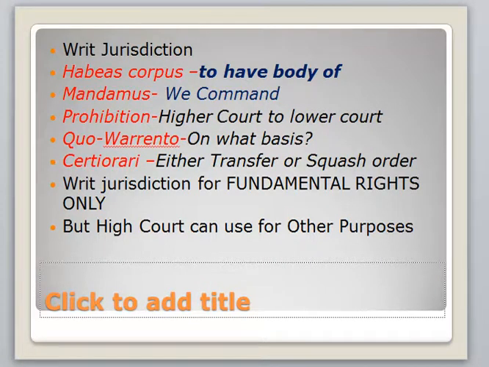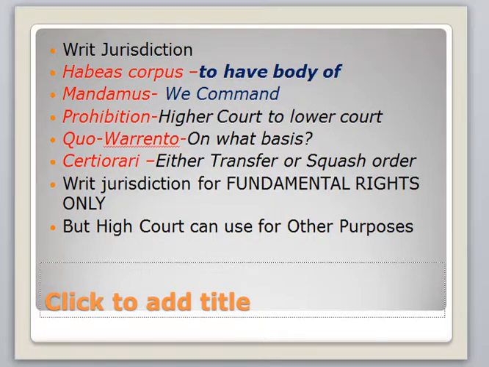As I told you earlier, these are the writ jurisdictions which the Supreme Court can use. One more, the most important point that you need to remember: the power of writ jurisdiction is wider in the High Court than in the Supreme Court.